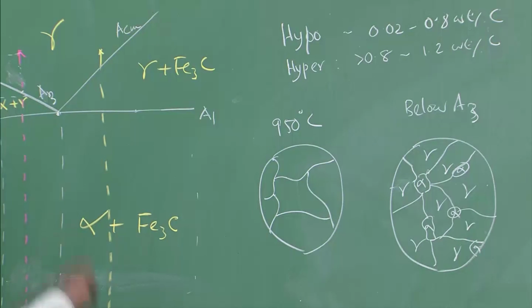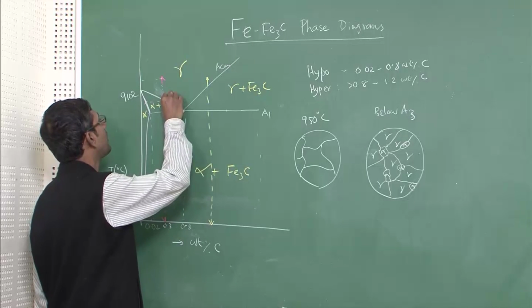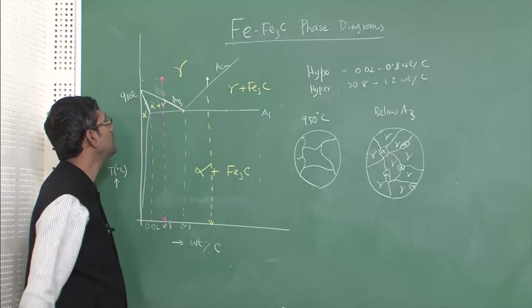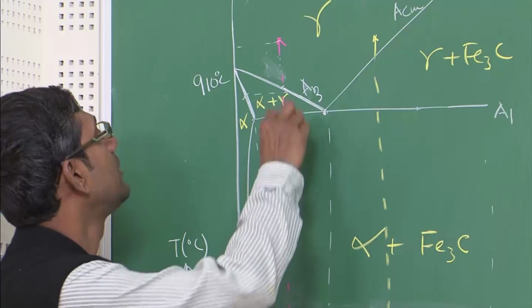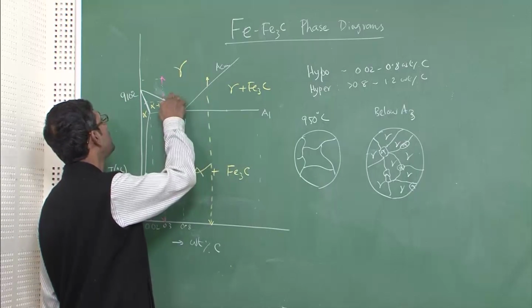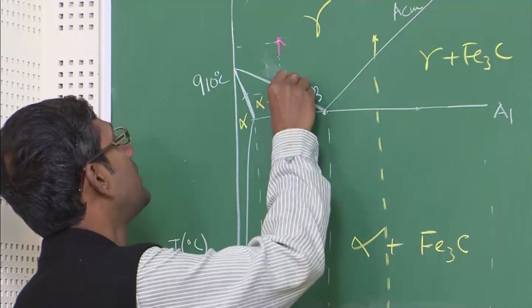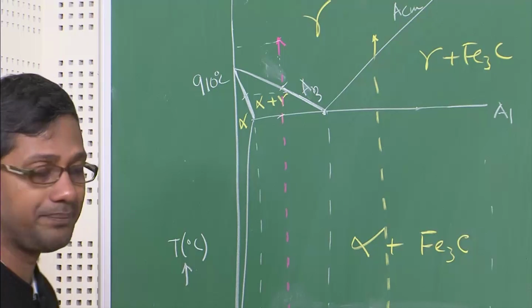So gamma will be enriched in carbon, and because of that, the gamma composition will follow this curve, the A3 curve you see here, as I have drawn. This transformation from gamma to alpha will keep happening from the temperature at which it hits the A3 line until just above the A1 line.